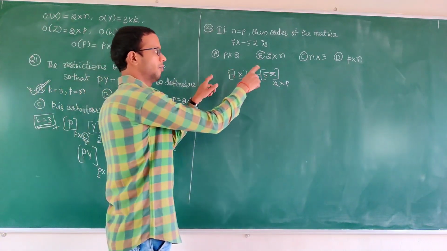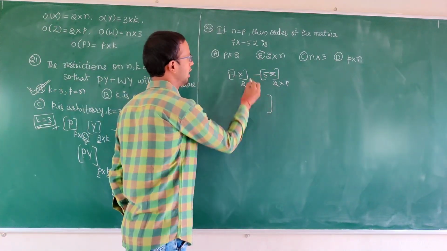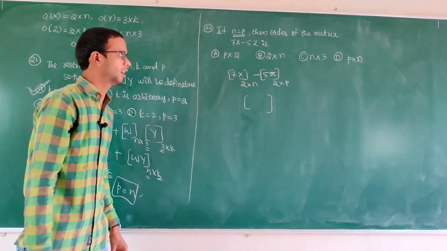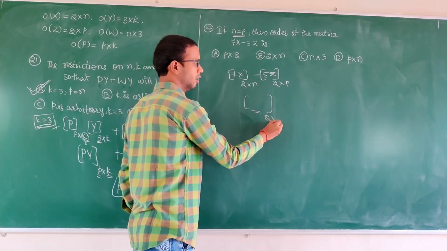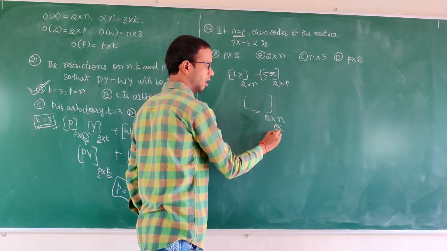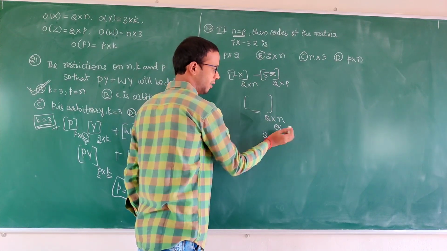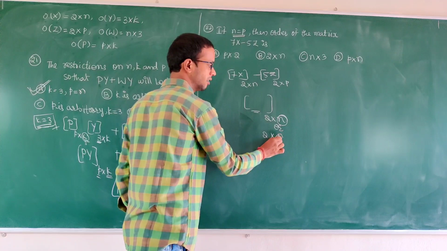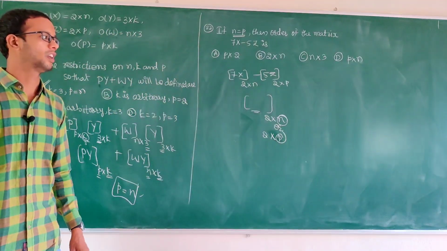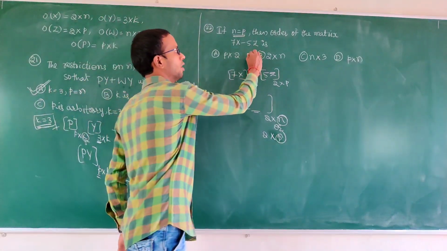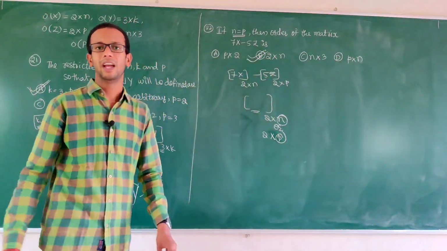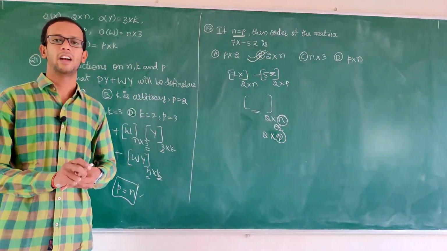Subtraction if you are making, same answer you will get, n is equal to p is there, so then only it is possible. So result is 2 by n or 2 by p. Why? Because n is equal to p, the condition they gave. So 2 by n or 2 by p. Which option is there here? Option B is 2 by n. So 2 by n is the correct answer.